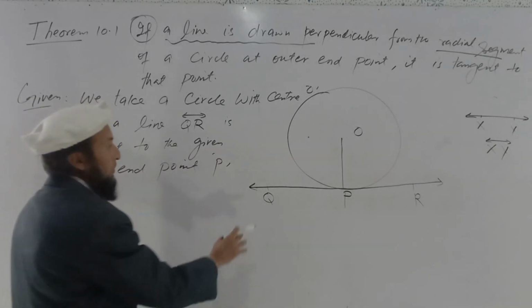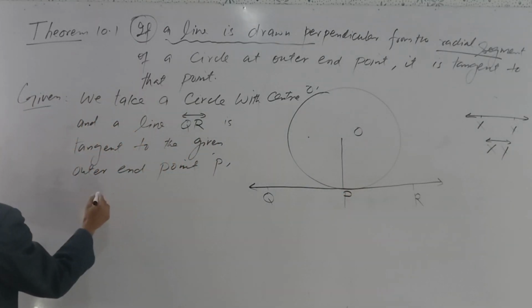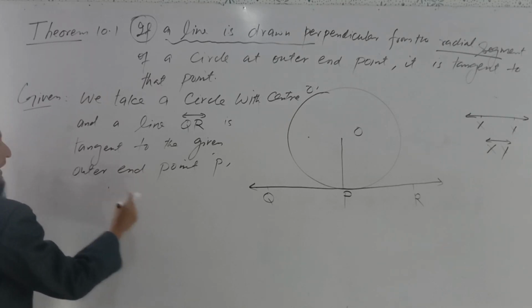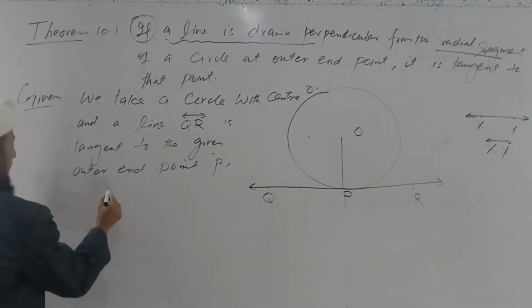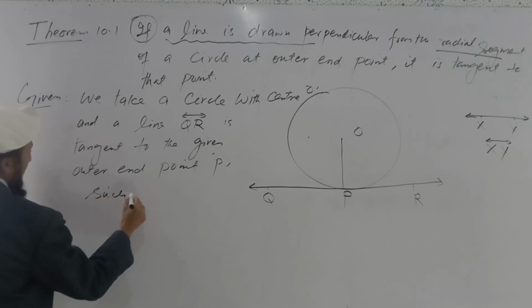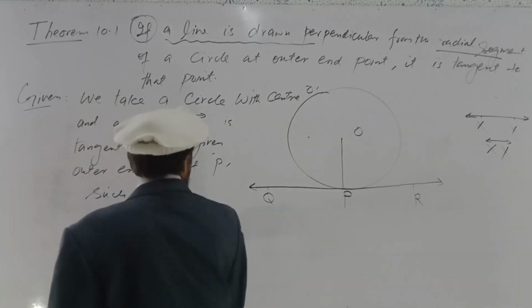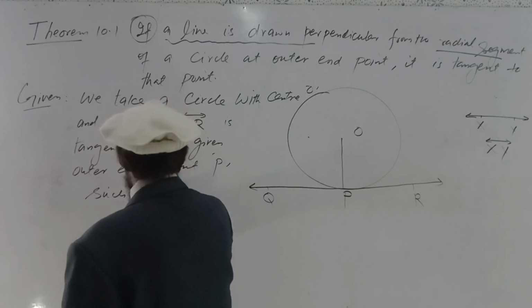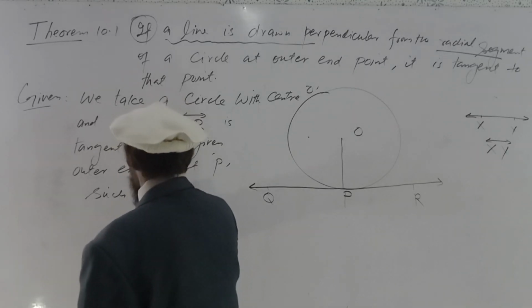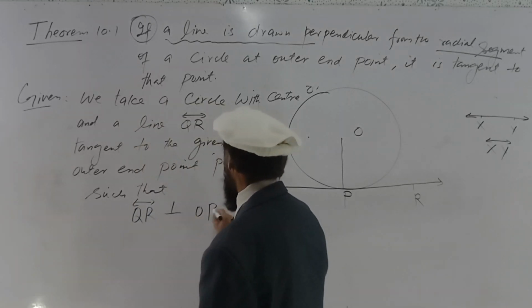Means that here QR is perpendicular to OP, or OP is perpendicular to QR, such that QR is perpendicular to the given radial segment OP.